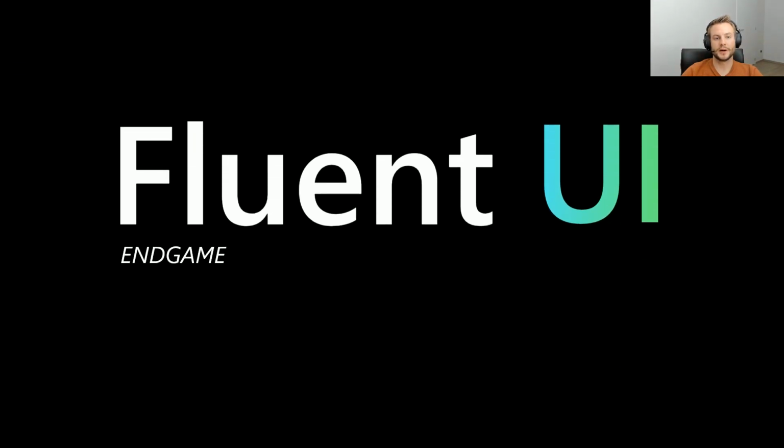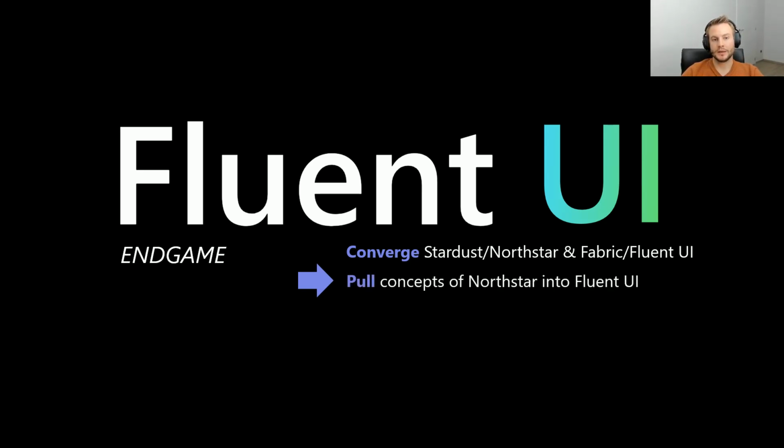So what's the Fluent UI endgame? The idea is to converge Stardust, Northstar, and Fabric Fluent UI into one package. It will pull concepts of Northstar into Fluent UI. So it will take all of the good things that the Teams team created when they started their Northstar UI library or their Stardust UI library, and they will take those concepts into Fluent UI to create a better UX framework for everybody.